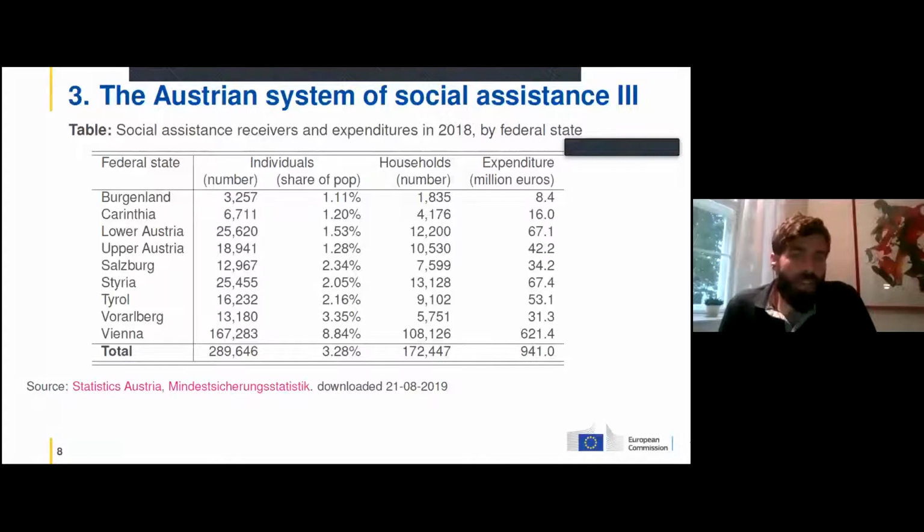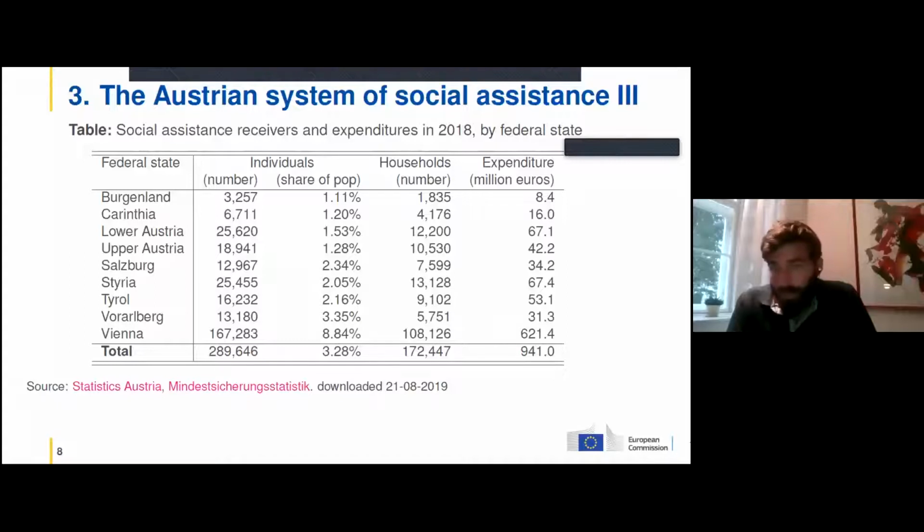The share in Vienna is about 8.8%, so compared to the other regions, there's an overrepresentation of social assistance receivers in Vienna. The total expenditures, which is the column on the right side, are about 1 billion euros in Austria.